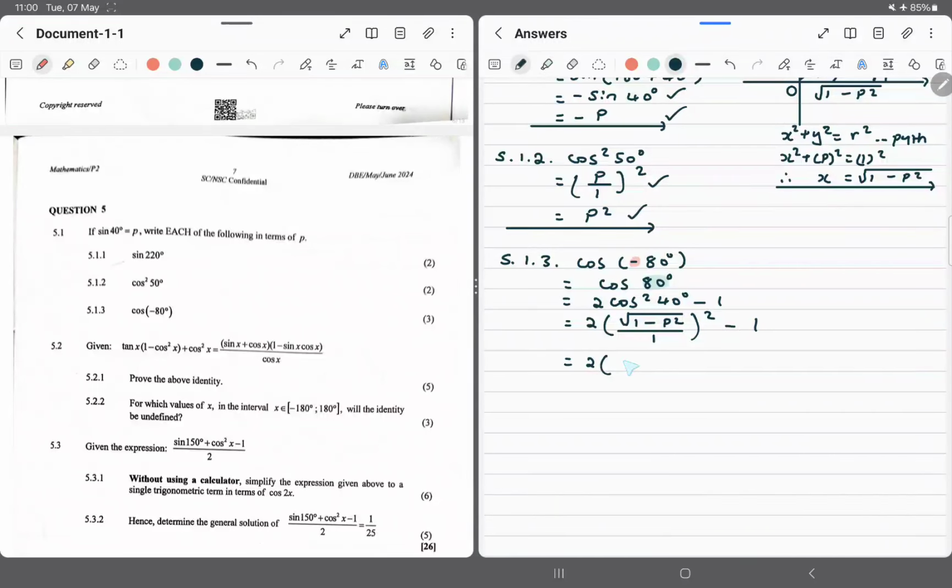So this is 2 into p squared minus 1. This is going to be 2p squared minus 1. Here, anyone could have chosen any other path, but sometimes it always helps to keep things as simple as possible.